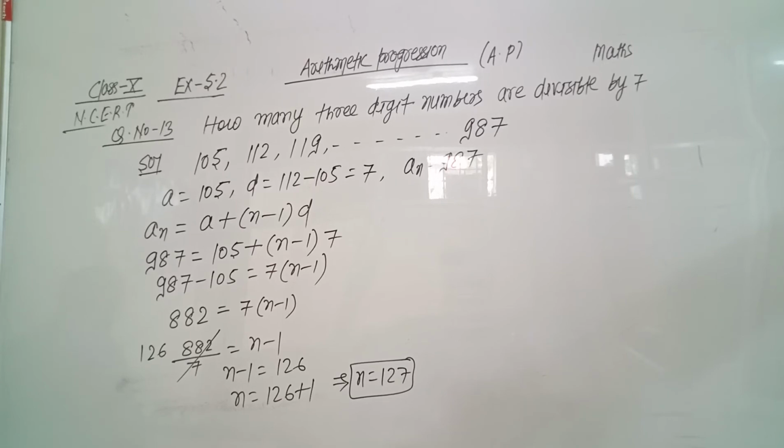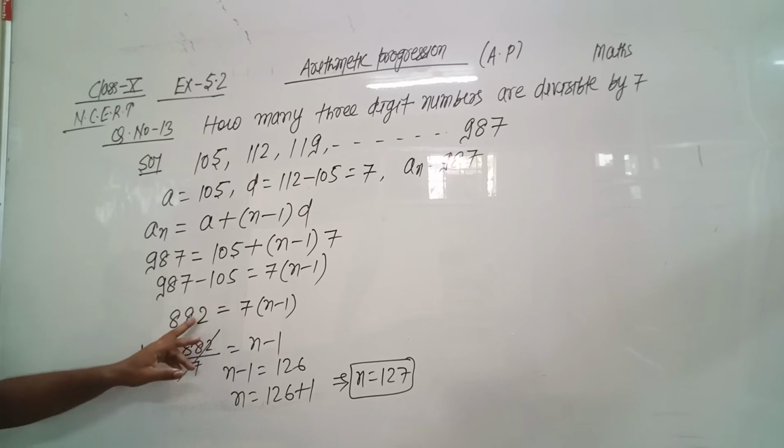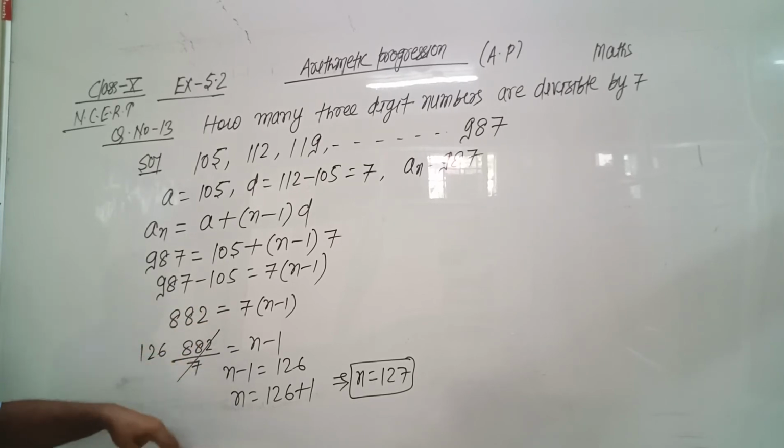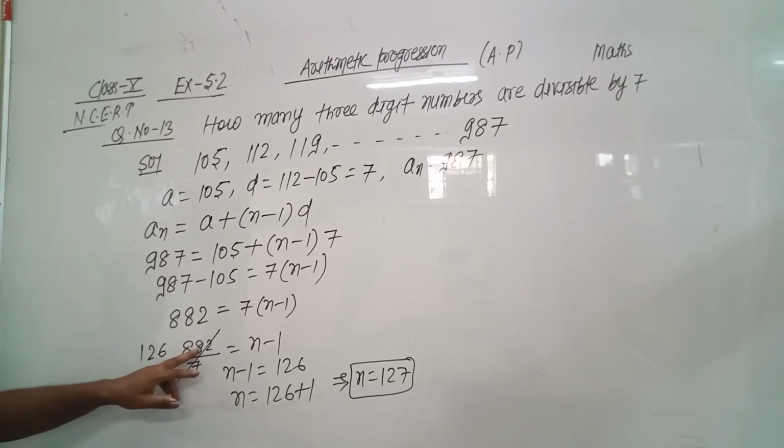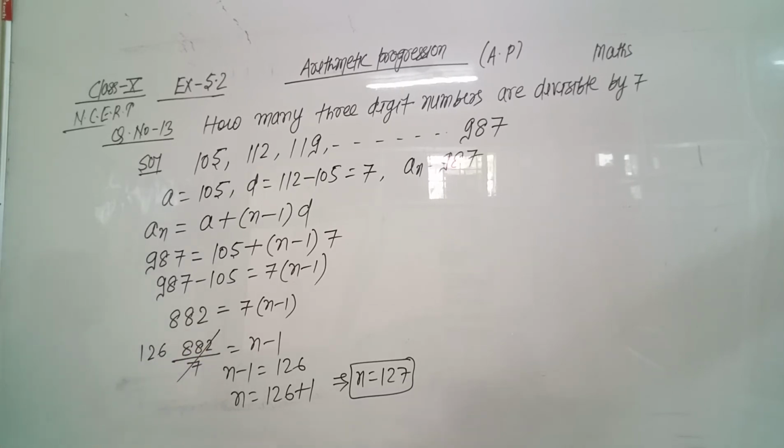There are total 127 terms which are divisible by 7.